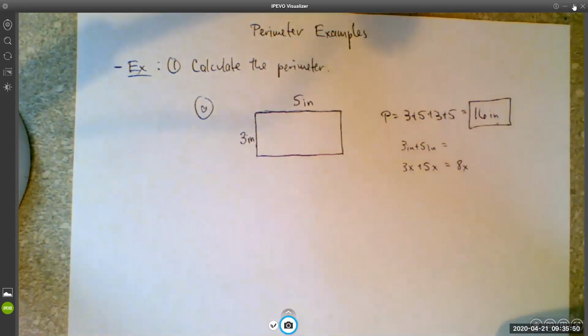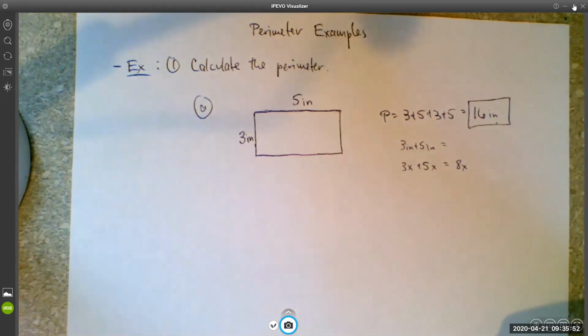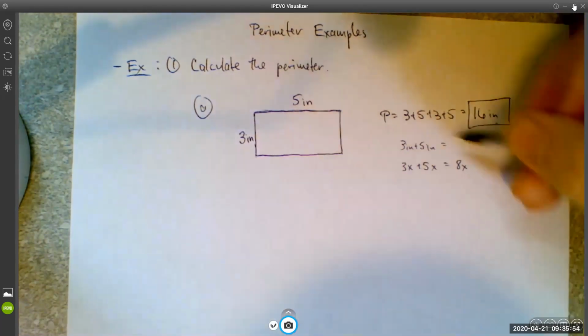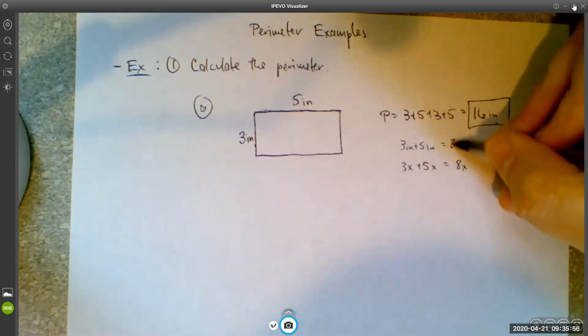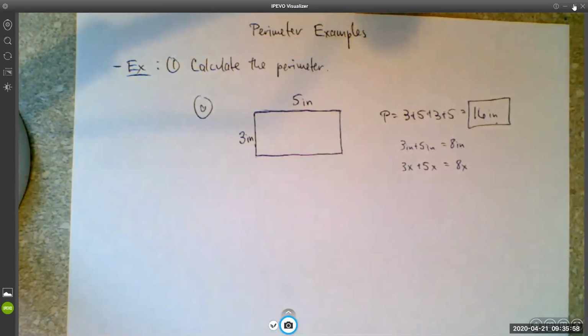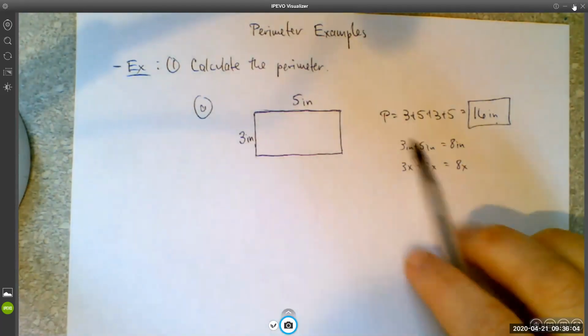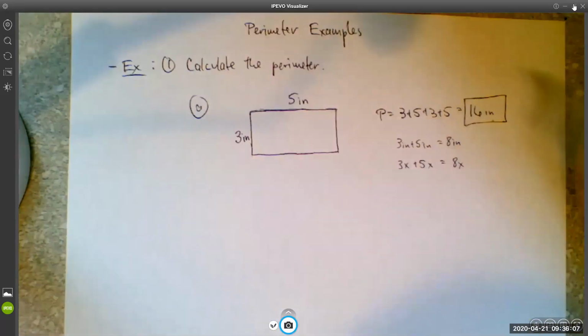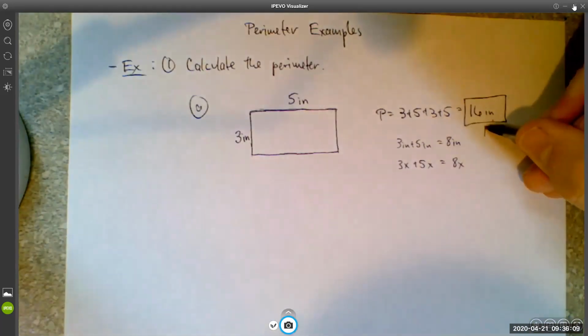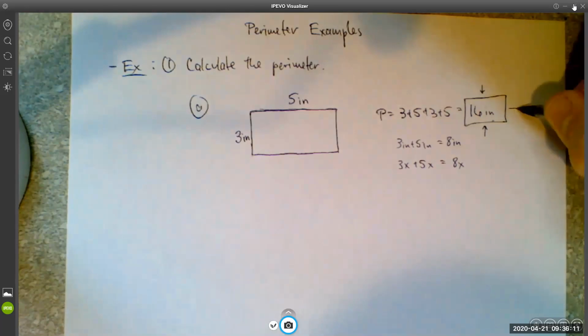You don't have 8x squareds, right? You have 8 x's. And so in a similar way, 3 inches plus 5 inches should be 8 inches, not 8 square inches, okay? So the units don't become squared just because you're adding 2 of them together. Anyway, in any case, this is your answer, right? 16 inches.